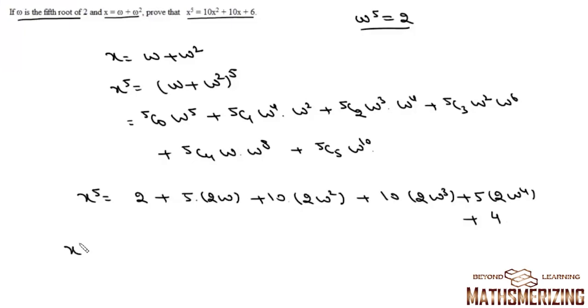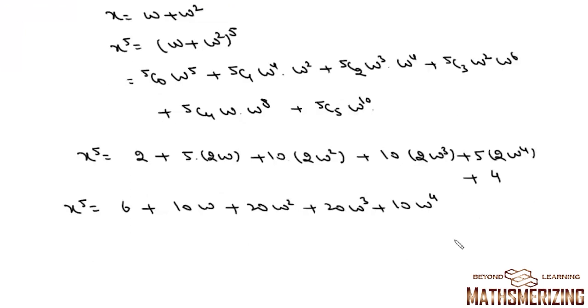So x to the power 5 will be 6 plus 10 omega plus 20 omega square plus 20 omega cube plus 10 omega to the power 4.